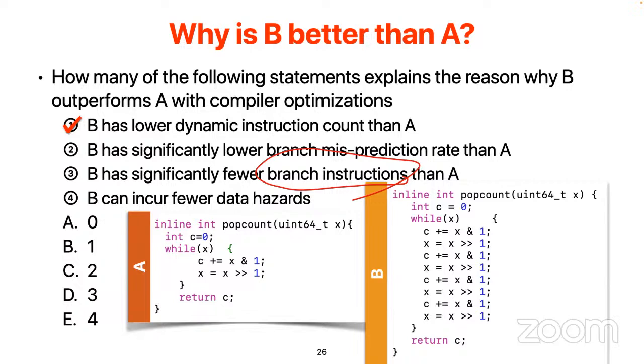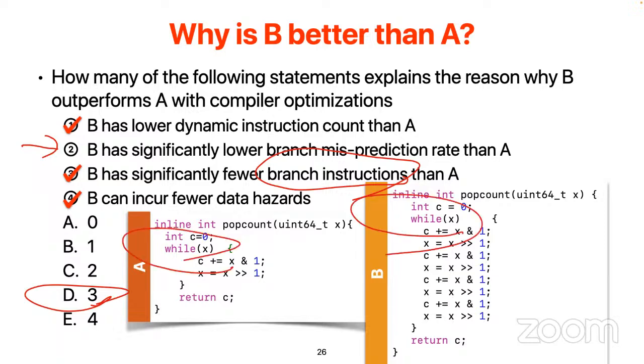First one is correct. The third one is also correct, and the fourth one is also correct. So the answer is actually D. The only thing that is not correct is 2, because for both pieces of code you are only going to miss once at the very end, but you just don't know which one you're going to miss.